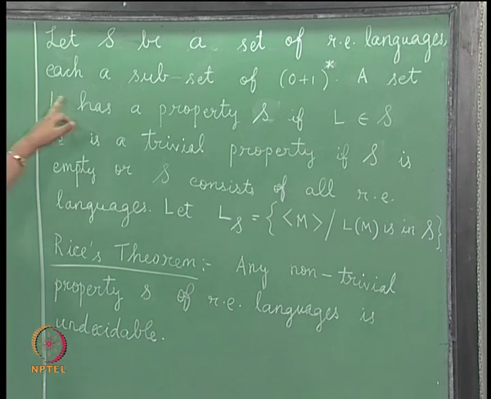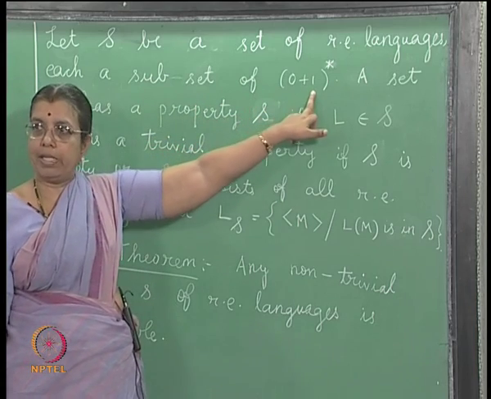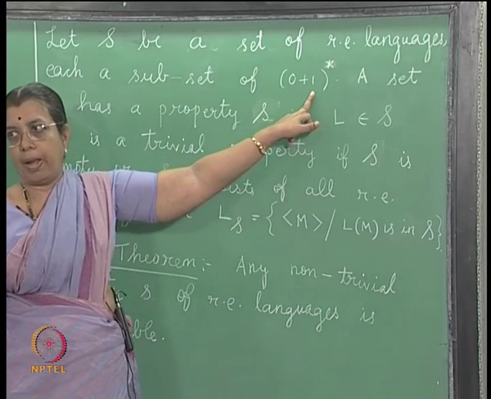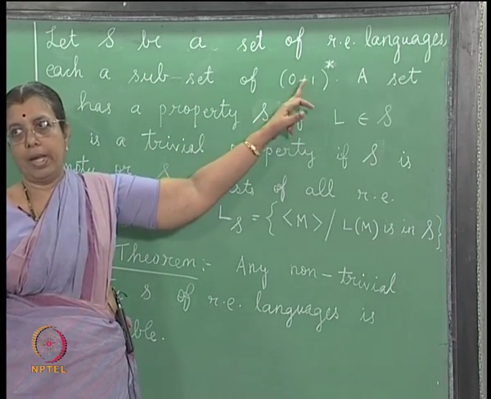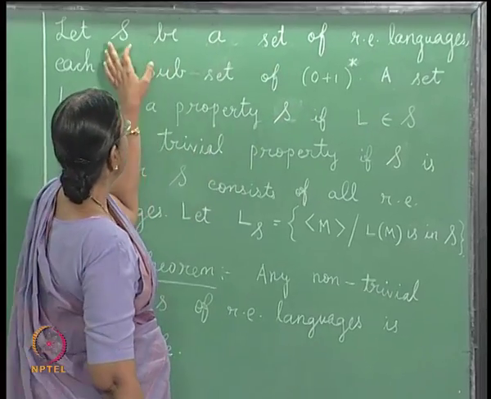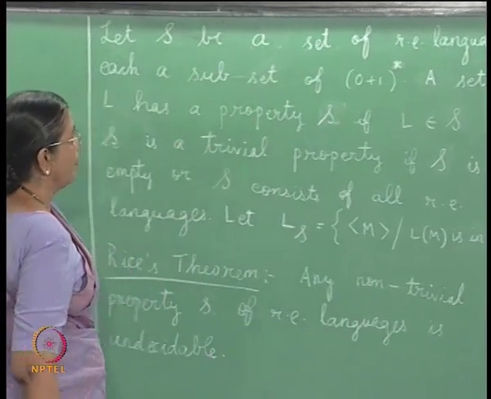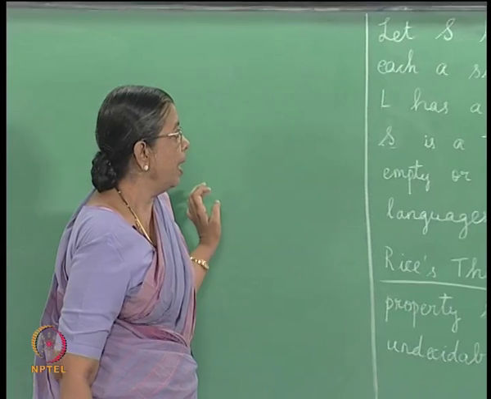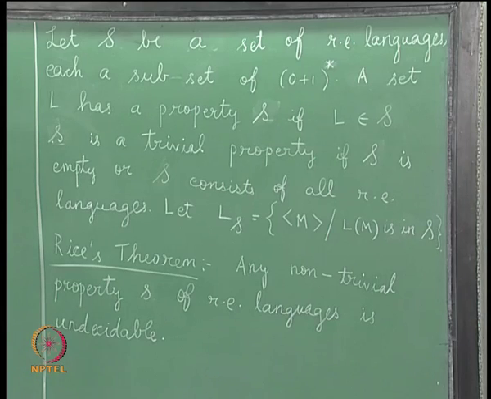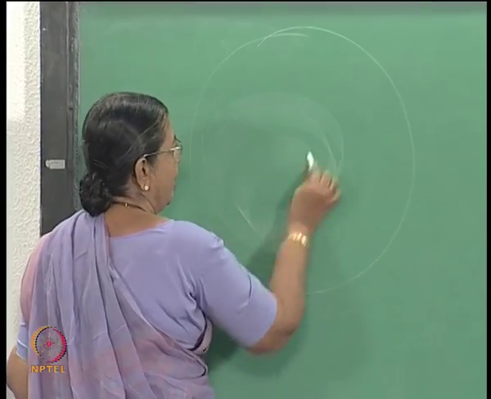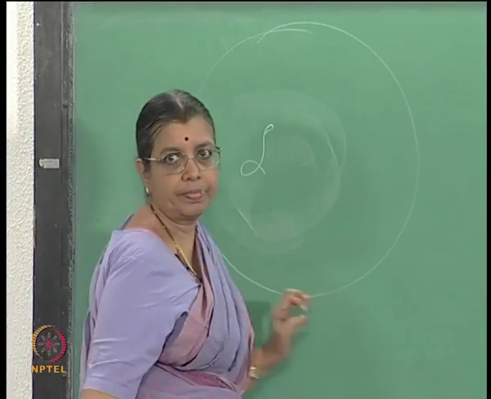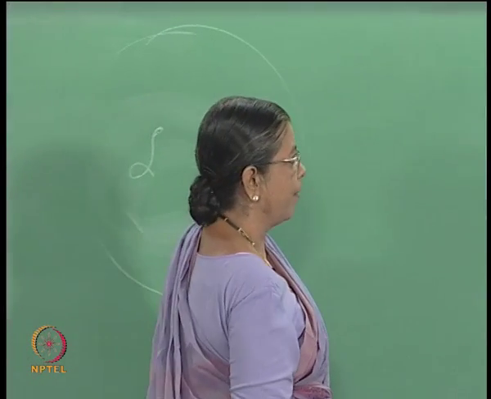So, without loss of generality, we assume that the input alphabet is 0 1 and the tape alphabet has 0, 1 and blank, and S is a set of recursively enumerable languages. The whole family of recursively enumerable languages is this, and you are considering a subset S of it.